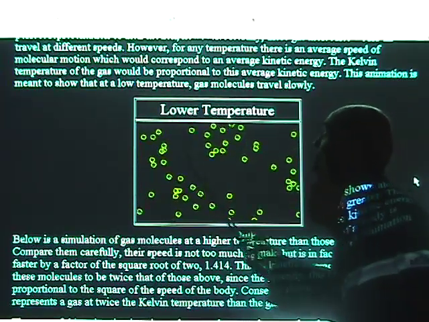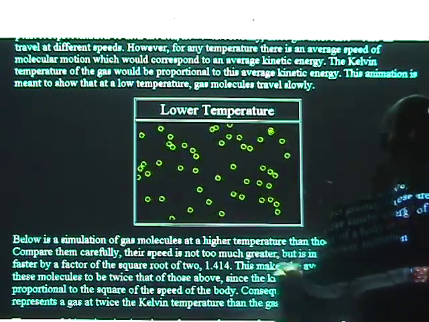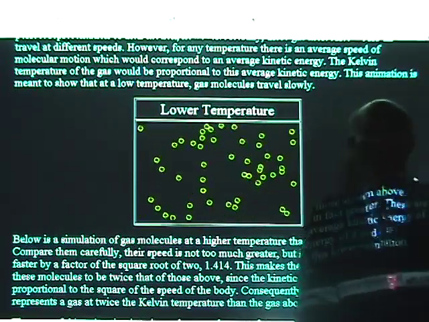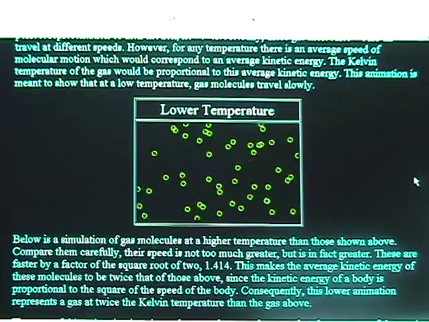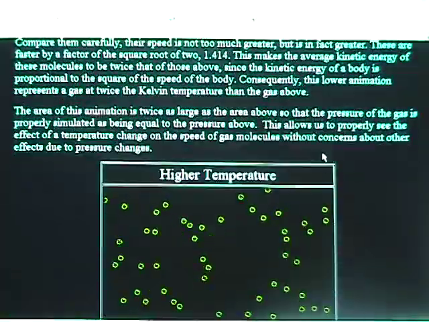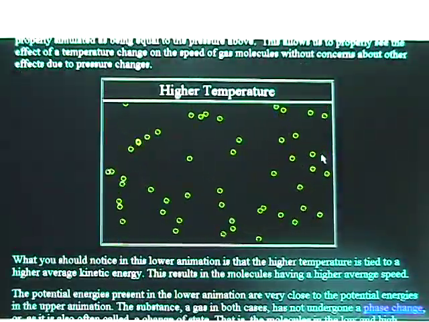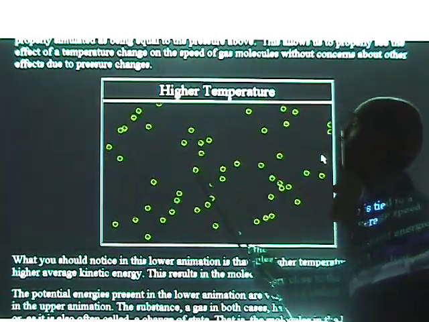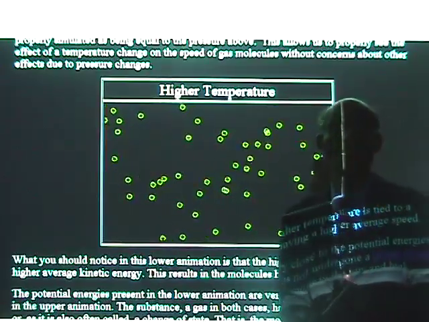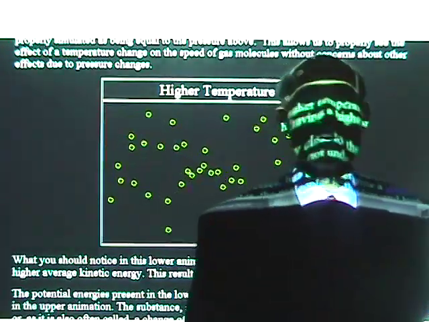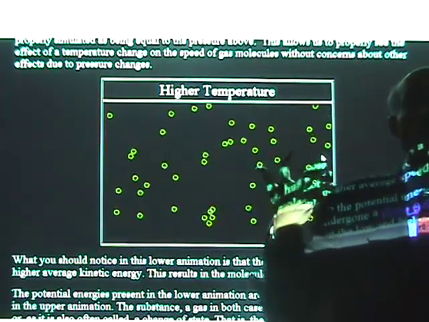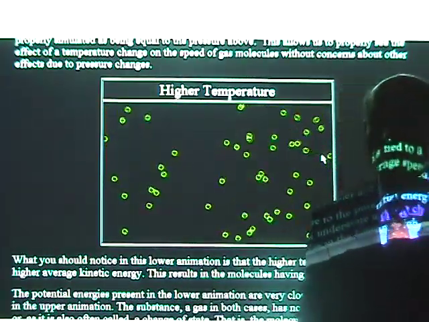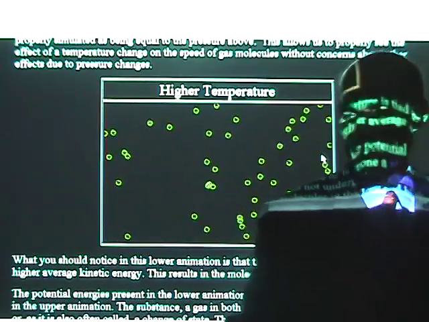The molecules will speed up. Their kinetic energy will increase. So, temperature depends on the kinetic energy of the molecules of the substance. Now here, this shows a little higher temperature. The molecules are moving faster now, showing that the temperature is higher. So, temperature is a measure of the kinetic energy of the molecules of a substance.